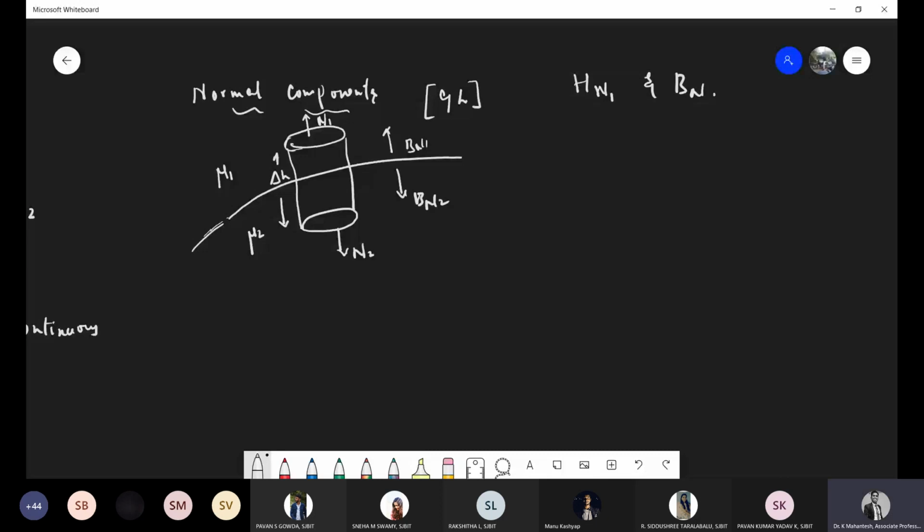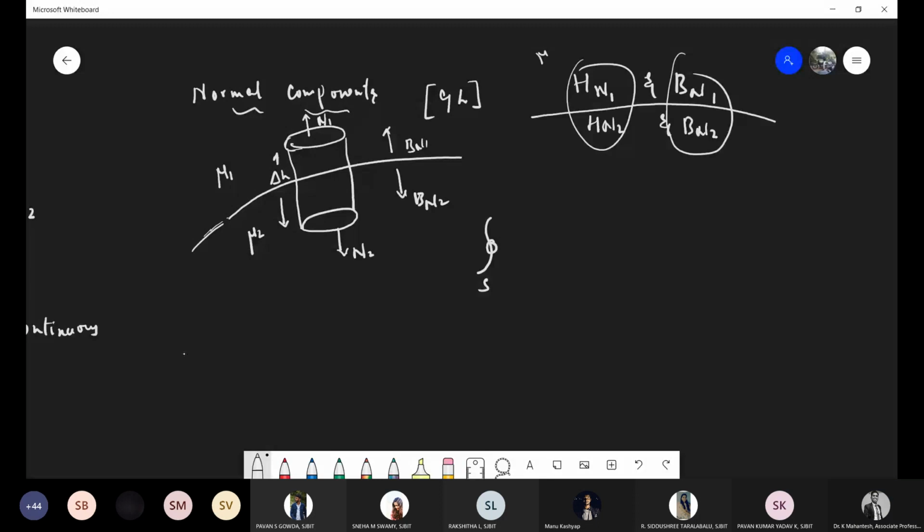Gauss law for magnetic field. So what is Gauss law for magnetic field? Surface integral B dot ds equal to 0.